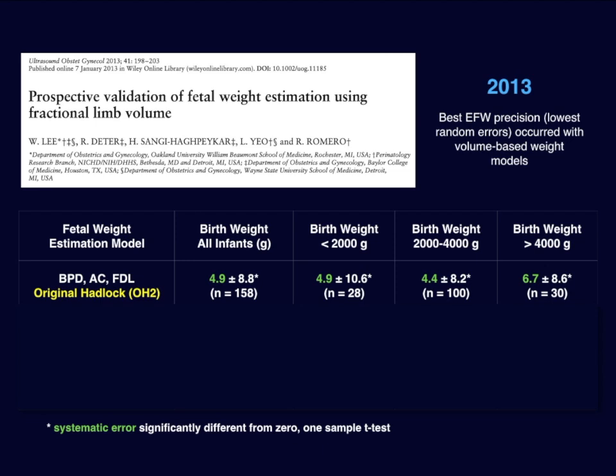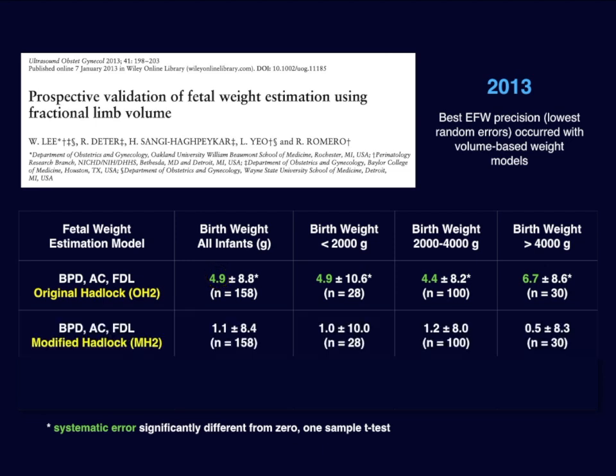The original Hadlock model, derived from Houston women, systematically overestimated birth weight by 4.9%, although this systematic error was corrected by using a modified Hadlock model with customized coefficients for a local Michigan population. Both Hadlock models gave random errors of approximately 8.4 to 8.8%.